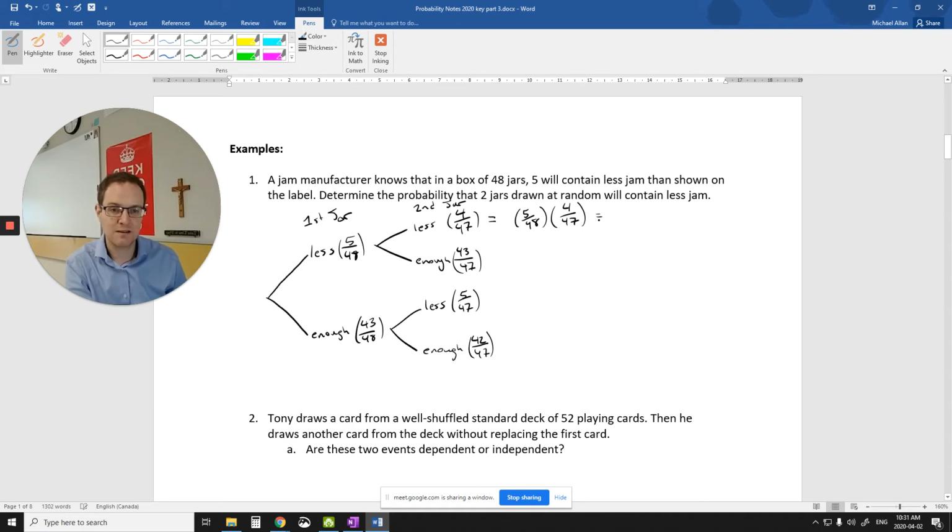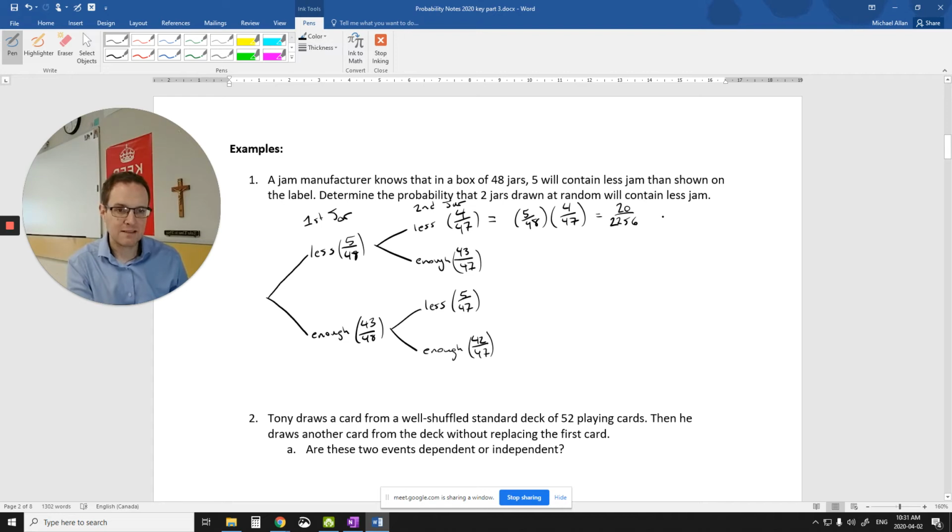So I'm going to multiply those two together, and I'm going to get 20 over 48 times 47. 20 over 2,256. Okay. We can reduce that down. We're going to talk about this in a second.